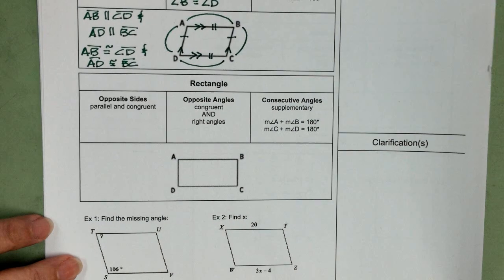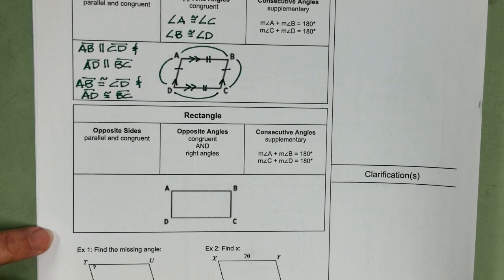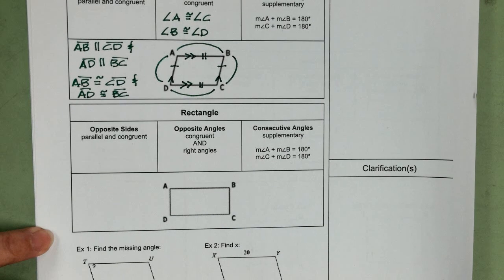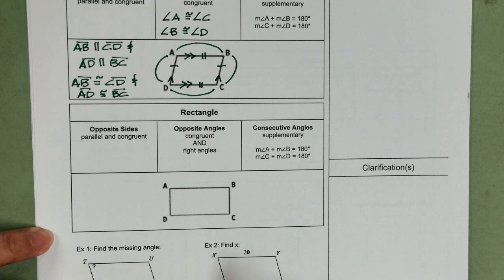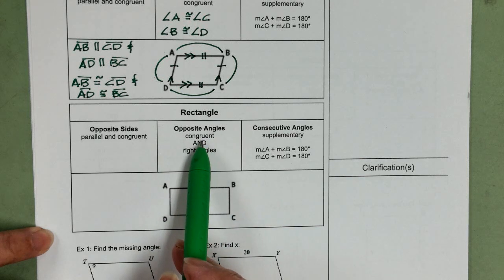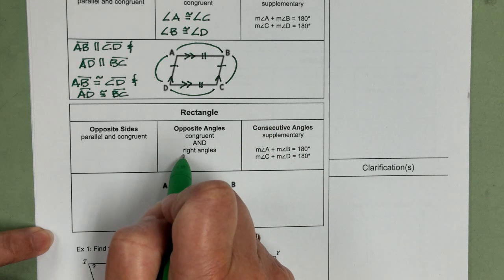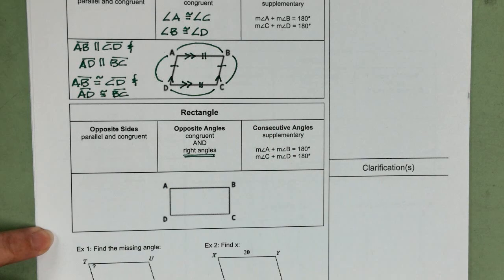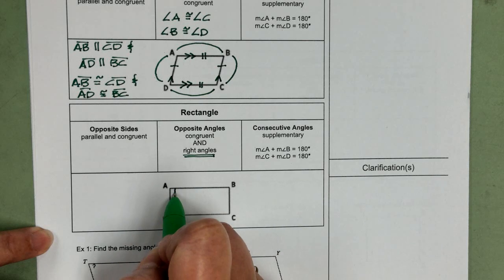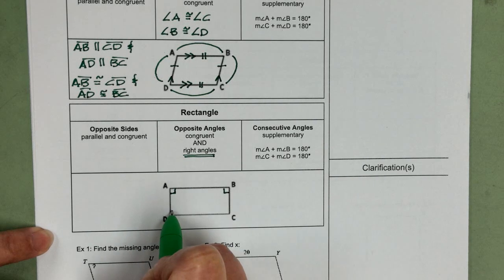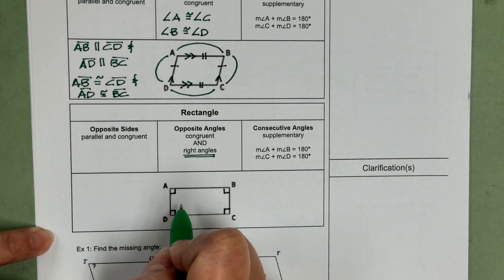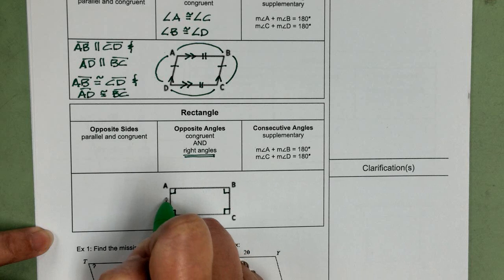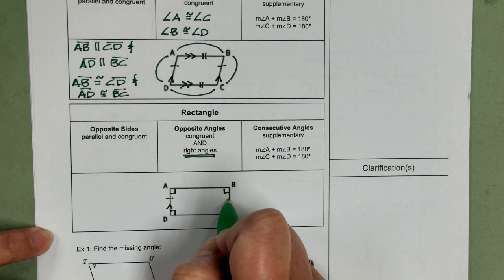We're moving on to a rectangle, and the rectangle is very similar to the parallelogram. We have opposite sides that are parallel and congruent. We have opposite angles that are congruent, but we have a new stipulation. They are all right angles. So I'm going to go ahead and mark the angles in here as being right angles, and I'm going to mark the sides as being parallel and congruent.